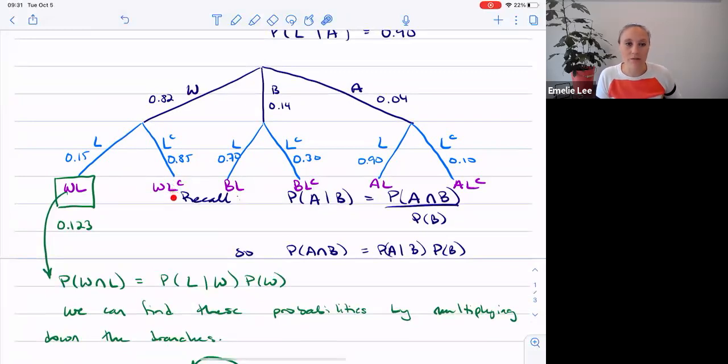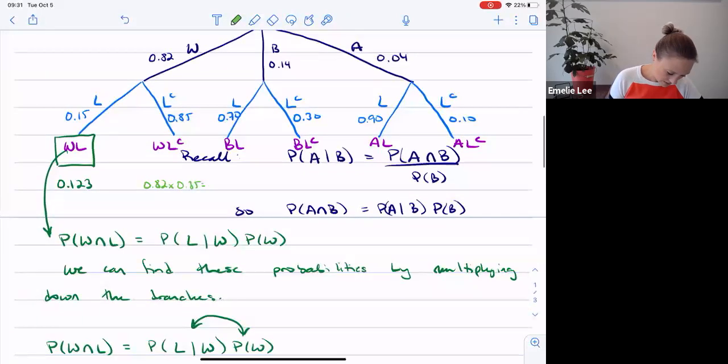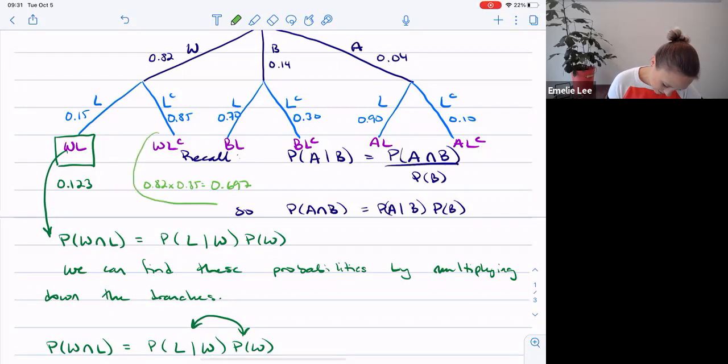The probability of that happening is 0.82 times 0.85, which is 0.697. Okay, so that's for this one here.